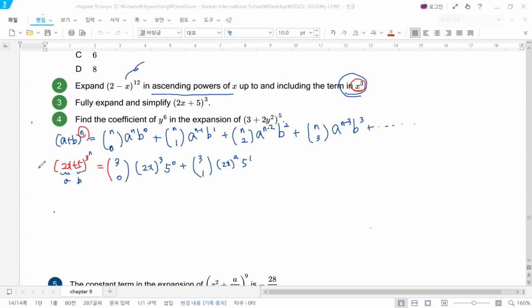Please observe that in this term the power is descending, and for the second term the power is ascending. And the third one is going to be 3 and 2, 2x to the power of 1 and 5 squared, plus 3 and 3, 2x to the power of 0, and then 5 to the power of 3.